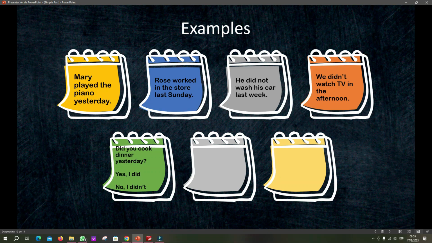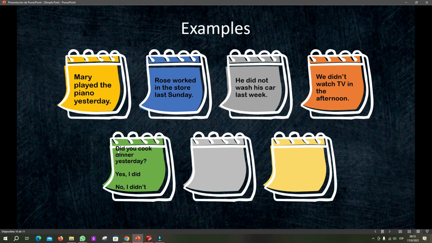What about this one? This is a yes, no question. Did you cook dinner yesterday? So in this case, first you have the auxiliary, did, right? Then the subject, you, and cook, that is the base form of the verb.